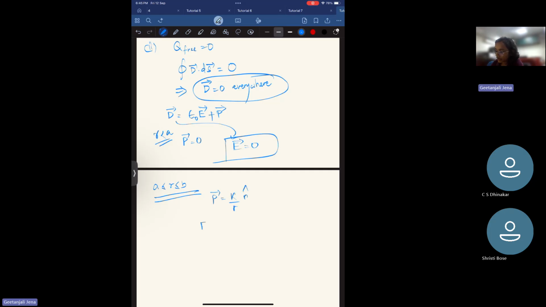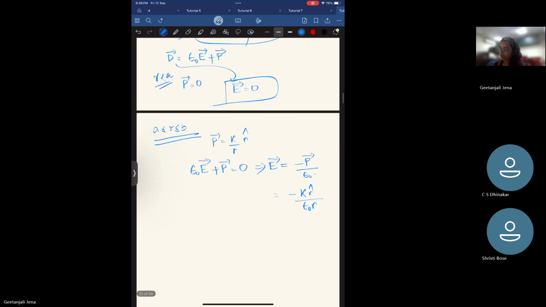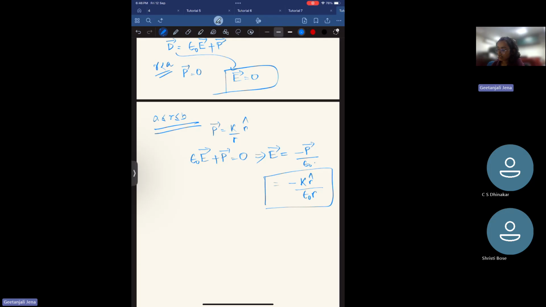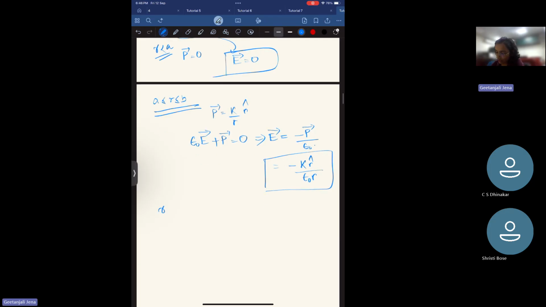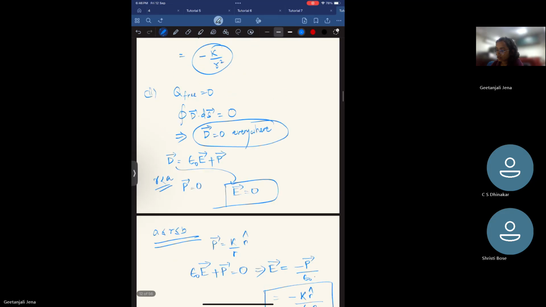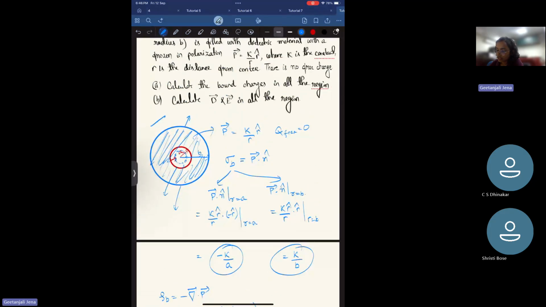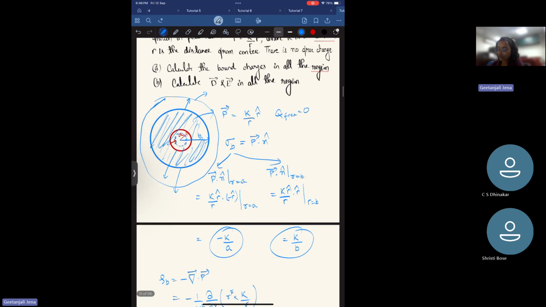So that is why E will be, so epsilon naught E plus P is 0. So E will be minus P by epsilon naught, and P is K r̂ by r, so E is minus K r̂ by epsilon naught r. So we have a field like this in between the region, and for r greater than B, if you take a Gaussian surface here, also there is no polarization, and D is 0 already.